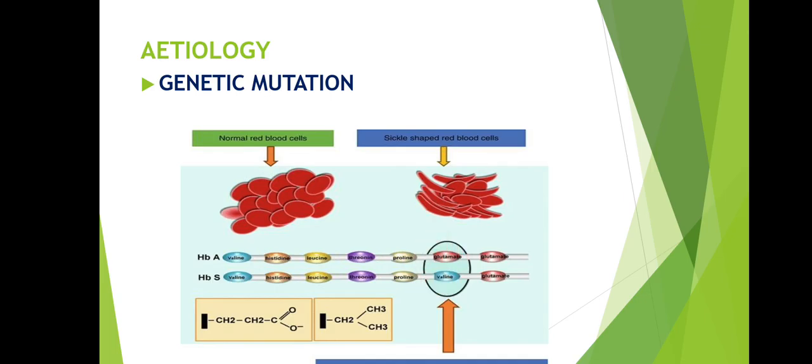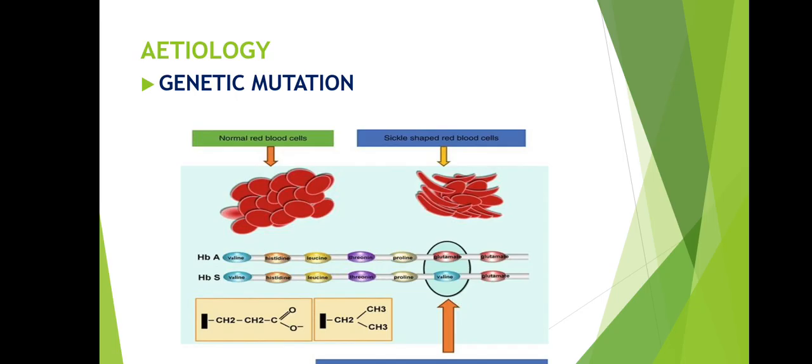In place of glutamate, because this one is HbA, which is normal, it should have glutamate. But in the case of sickle cell anemia, this glutamate is replaced by an amino acid called valine. Then this valine leads to a hemoglobin that is sickle.